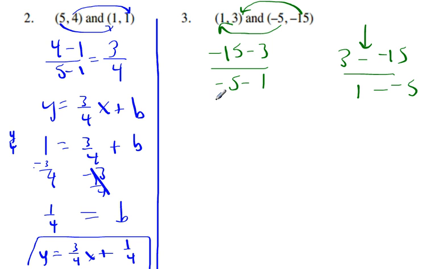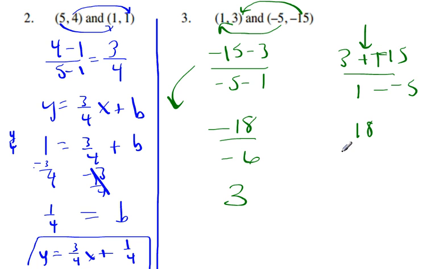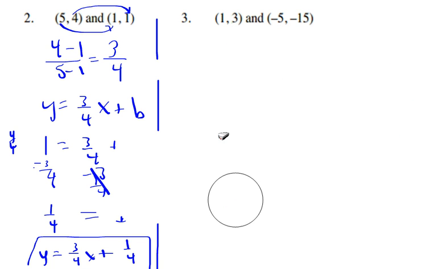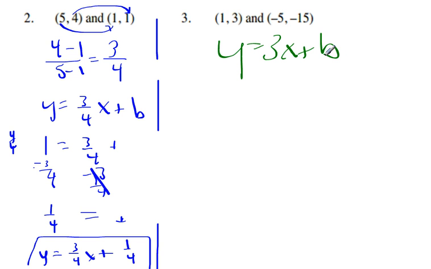Okay, so here we have, this way, negative 18 over negative 6, which is 3. Here you go plus plus, which is 18 over 6, which is 3. So either way, I get 3 for a slope. So y equals 3x plus b.